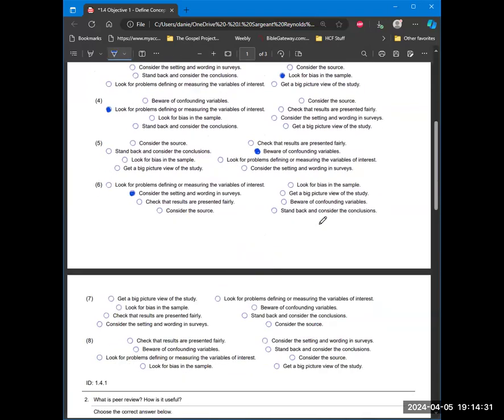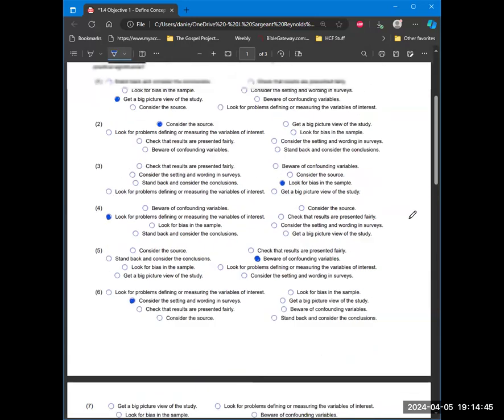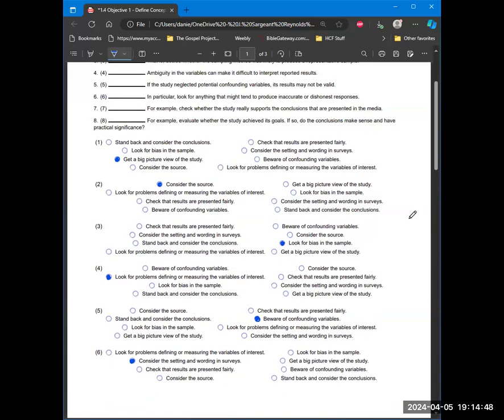So number 7 is check that results are presented fairly. I guess that's more what I was just talking about, but so for example, check whether the study really supports the conclusions that are presented in the media.